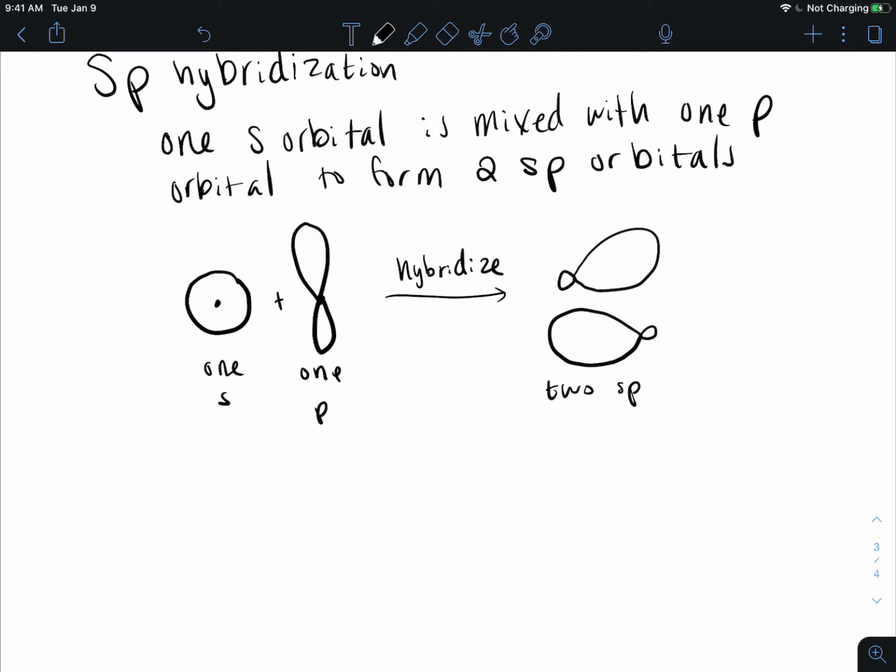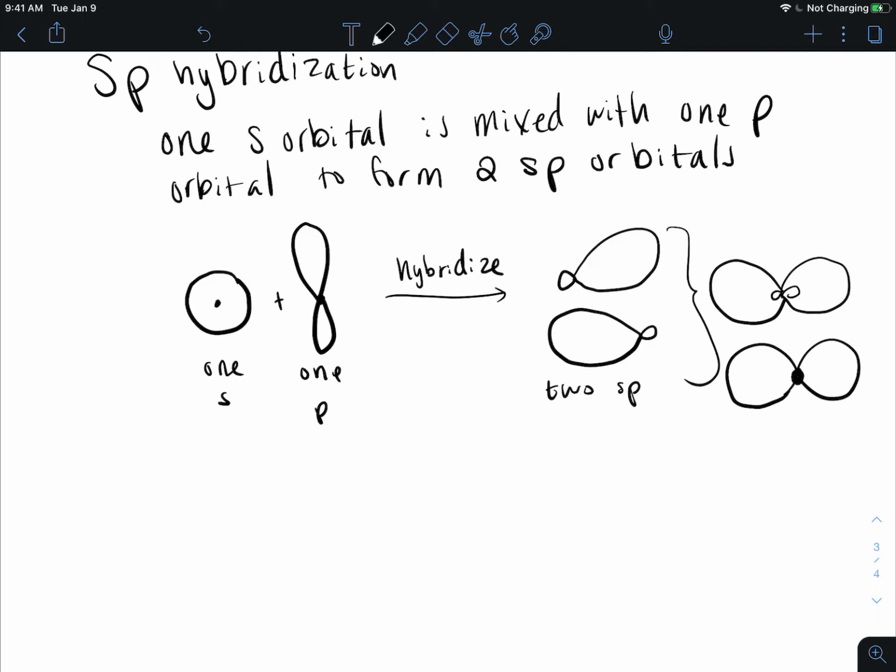They have a weird shape. Their large lobes are 180 degrees from each other. If we look at them, it looks something like this, and then usually we just write it as this. These are a little bit more spherical in shape than the p. And then this right here would be our center point where our nucleus is at.